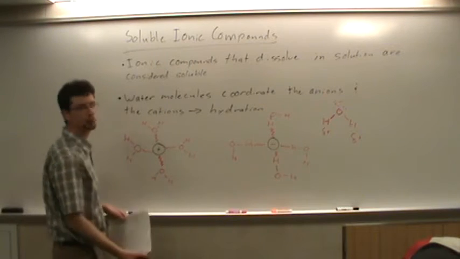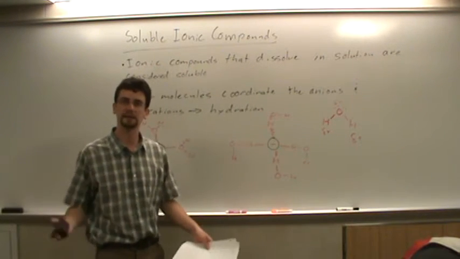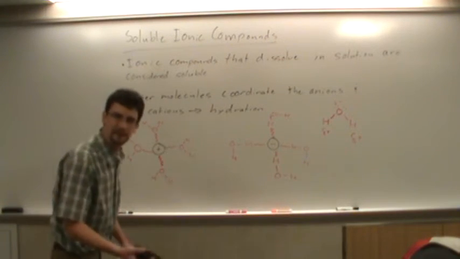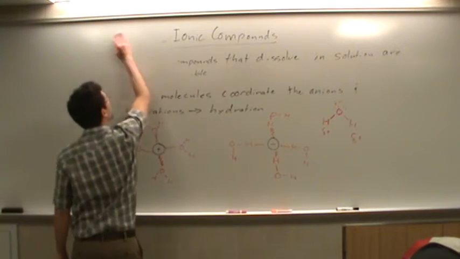All right, so in an aqueous solution, an ionic compound, as I said, dissociates into anions and cations. Let's see an example of this. Let's consider some salts that we've named in the past.